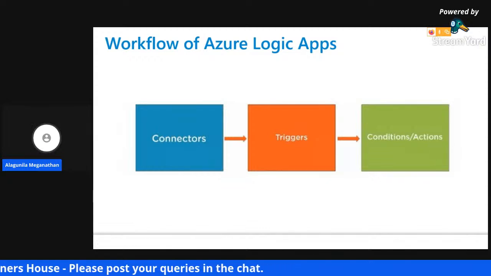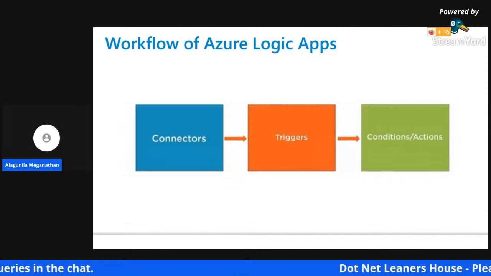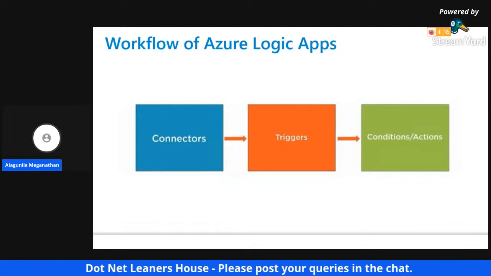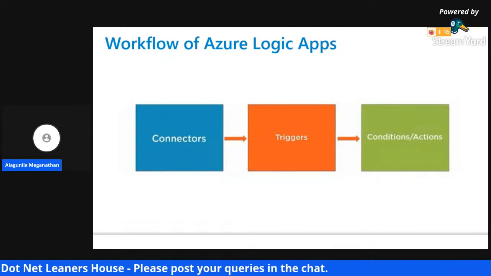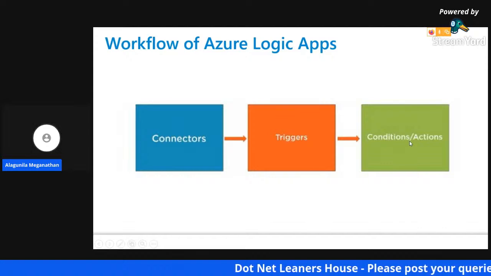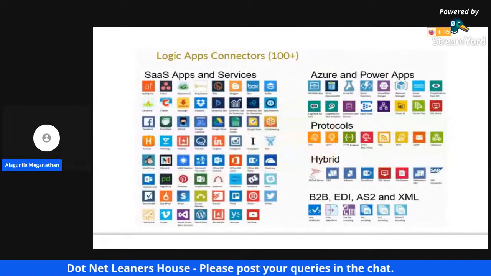We can redirect based on the condition: what our conditions are and what action we need to do. So we take the attachment and save it to your OneDrive or Google Drive. That is your action. To work with the Azure Logic App, we need to know these three things: connectors, triggers, and conditions and actions.